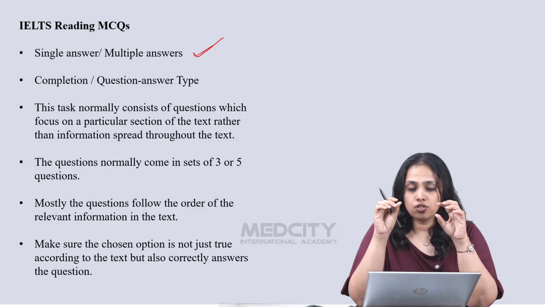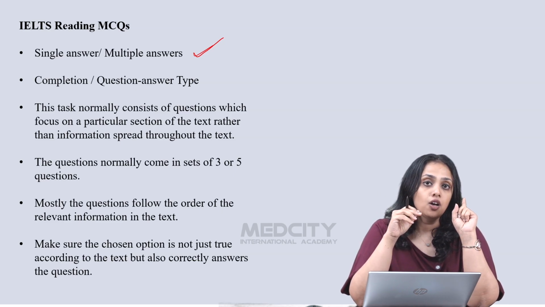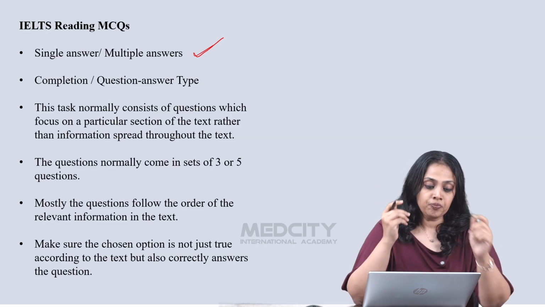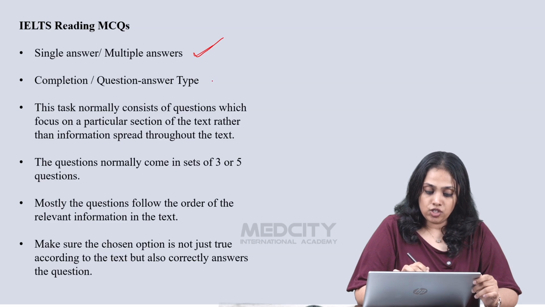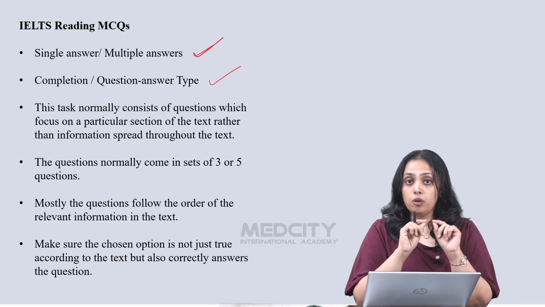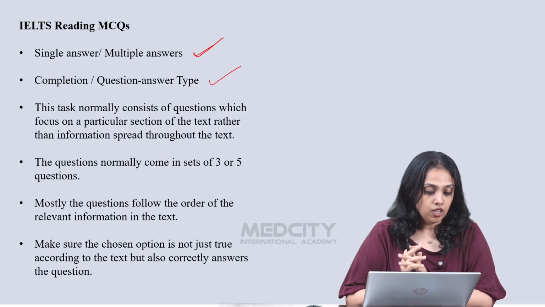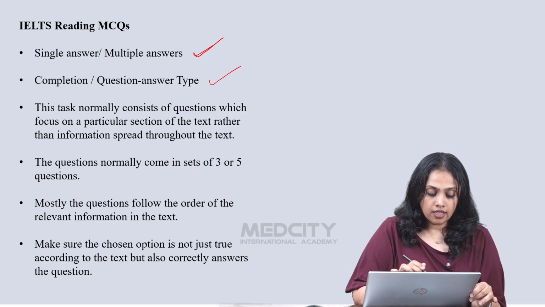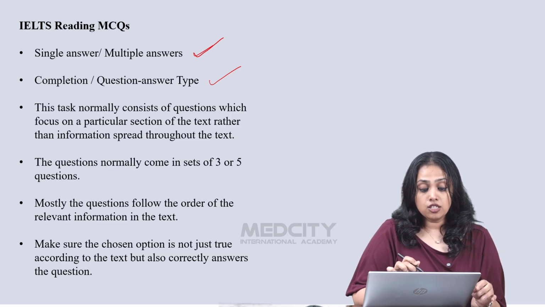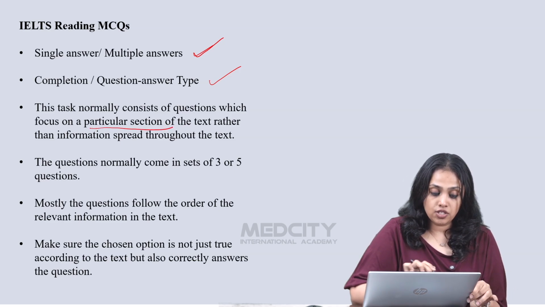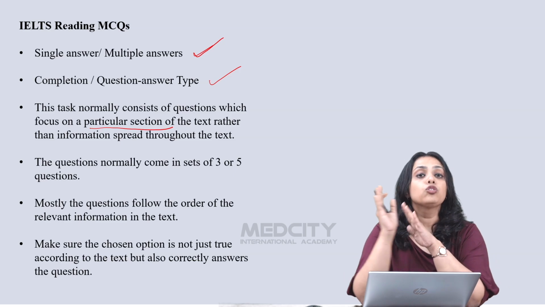So you have to read the instruction and identify whether you have to find one single option or more than one right option. Then the question, as I've already mentioned, can be a completion type of question or a question and answer type of question. Another thing is that this task normally consists of questions which focus on a particular section of the text rather than information spread throughout the text.